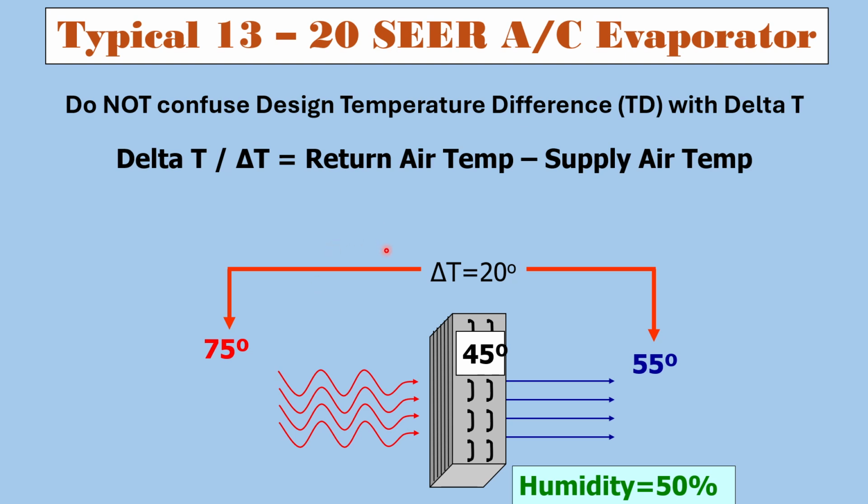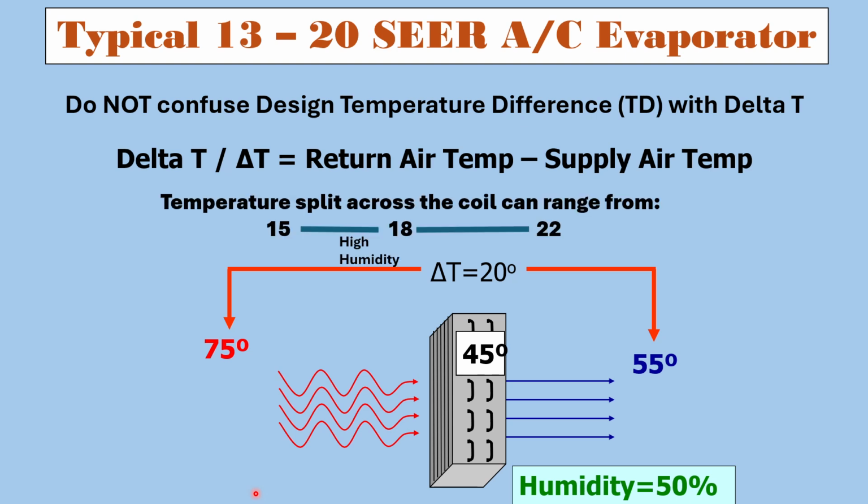And the delta T is the difference across the coil in air temperature, the inlet air temp and the outlet air temp. Temperature split across the coil can range from 15 to 22. A lot of times people say it's 18 to 22, but if you have high humidity, you can end up down here around 15.